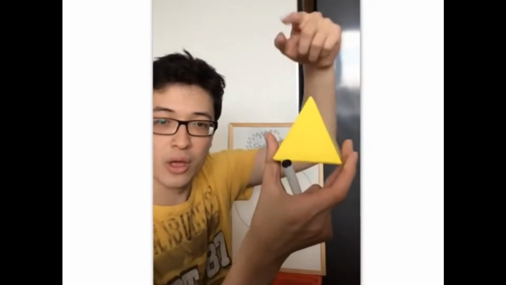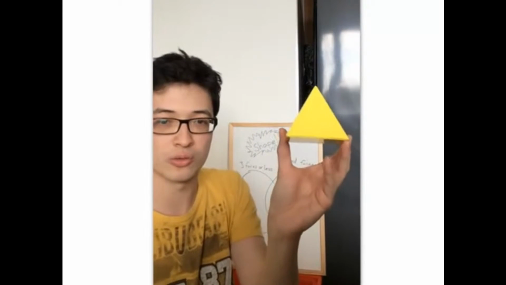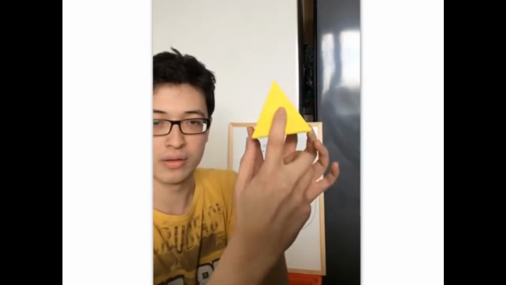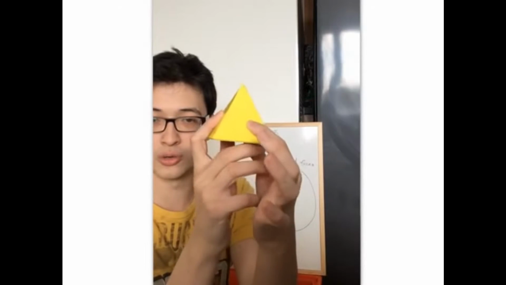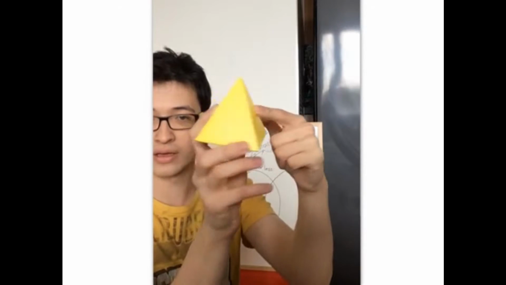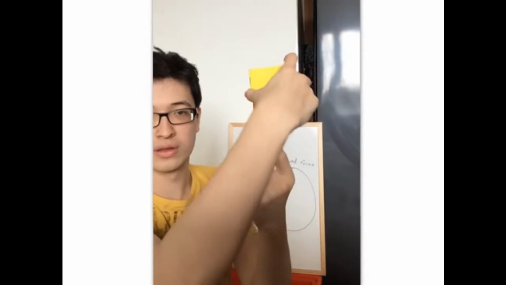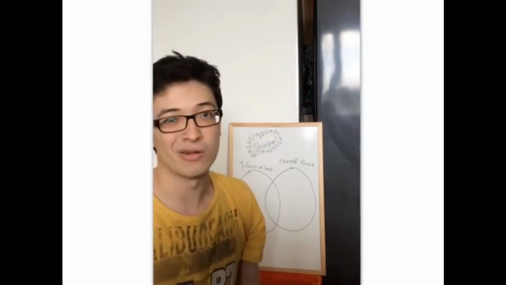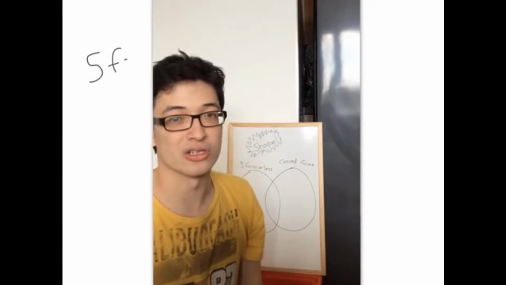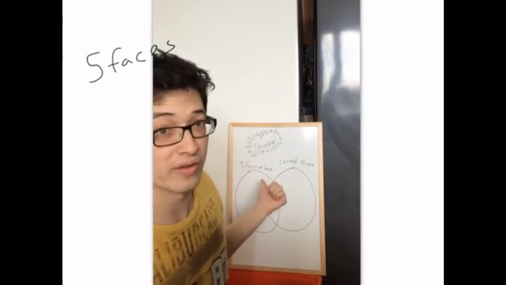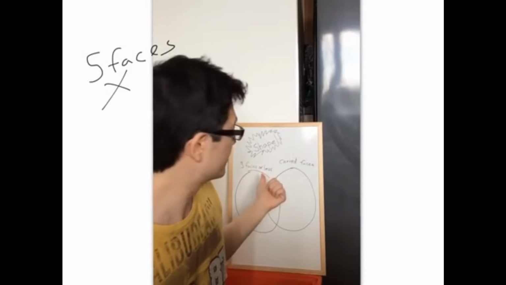Let's count them, shall we? We're going to have to use our finger here. 1, 2, 3, 4, 5. So it can't go in that circle because it's got more than 3 faces.